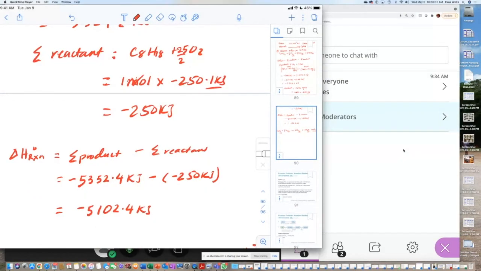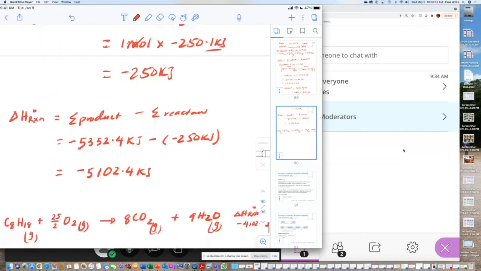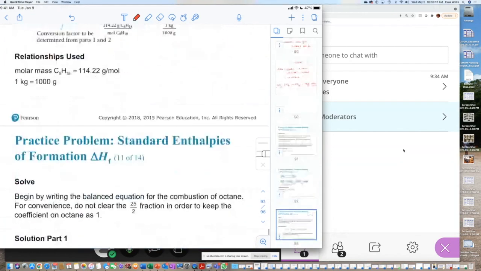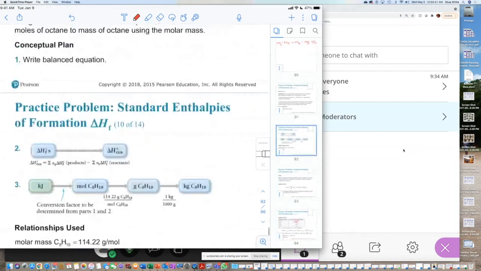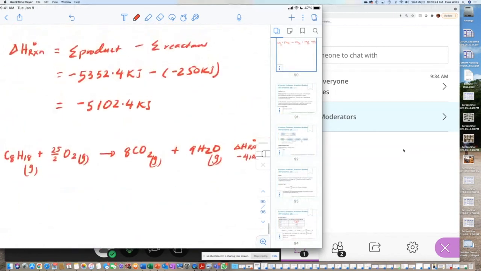So let me make sure, and this is plus 250. Plus 250. Okay. So 5074. Let me make sure that's what they get before I continue, because, okay, so 5074 is what I finally get here.